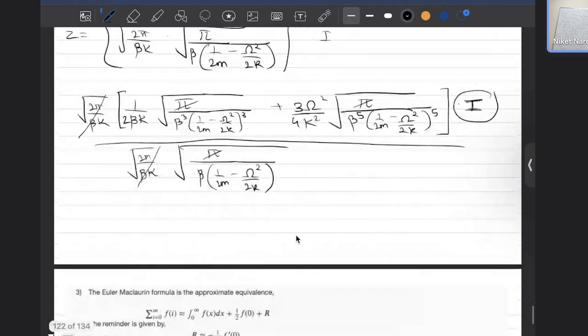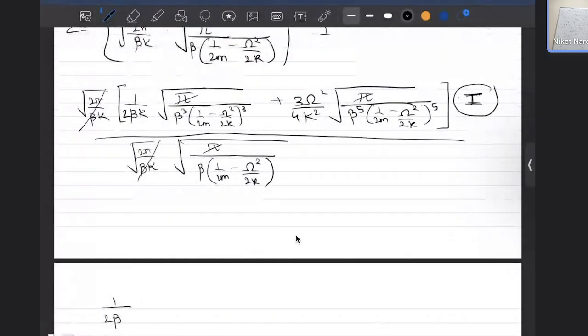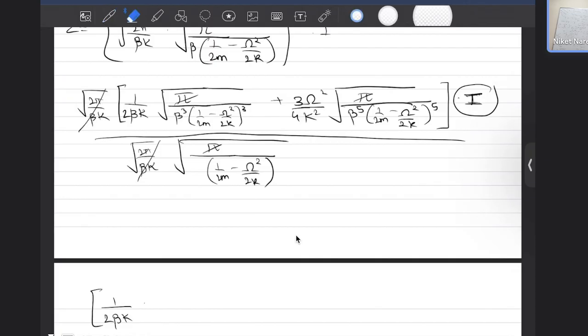And what I get is, we're almost at the end, so I hope you're not losing patience. 1 by 2 beta kappa into, okay, we can also cancel out betas, and what I'll get is just a beta square term common outside.